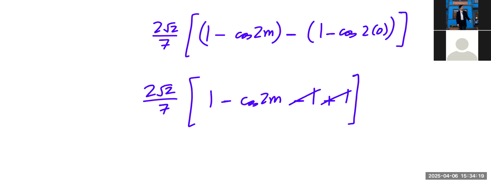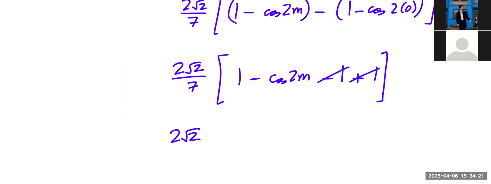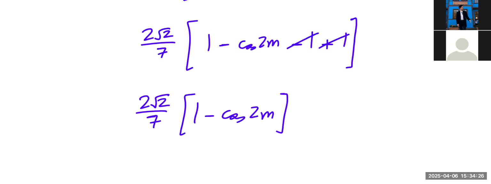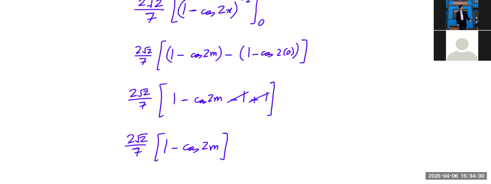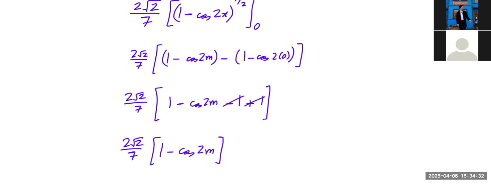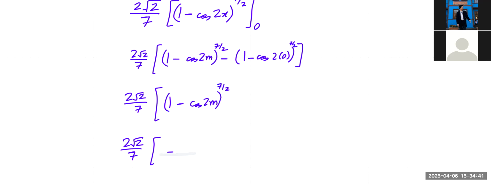That leaves me with 2 root 2 over 7 times 1 minus cosine 2m. Nice. Oh wait, there's a to the power of 7 over 2 over everything. I forgot. 7 over 2 here, same thing here. And I made a little mistake there actually: minus 1 minus 1 to the power of 7 over 2. It doesn't change anything, because this is still 0 and this is still 0, so it doesn't matter.